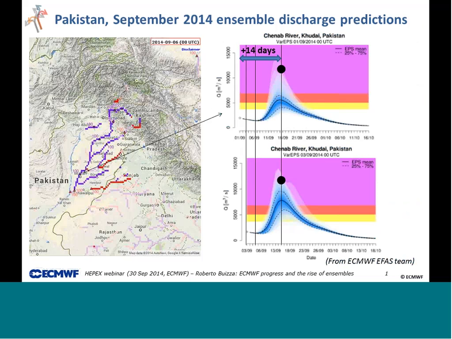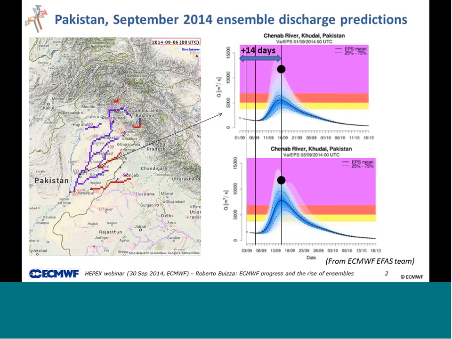So I started showing you a forecast for September 2014, so last year, of flood in Pakistan. As you know, Pakistan has been affected by extreme rain, for Pakistan and northwestern India. And 10 years ago, we didn't have what I'm showing you today.